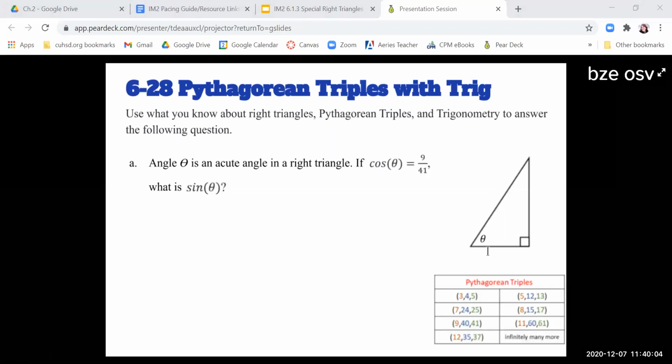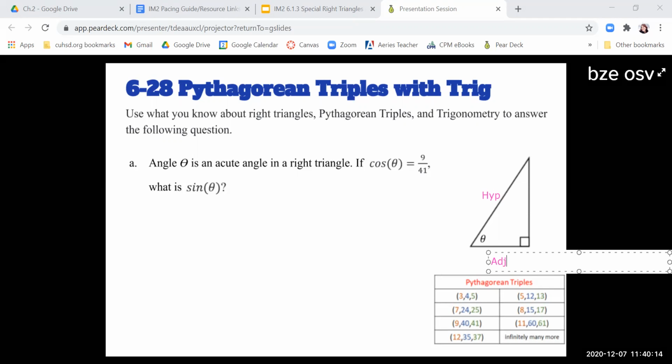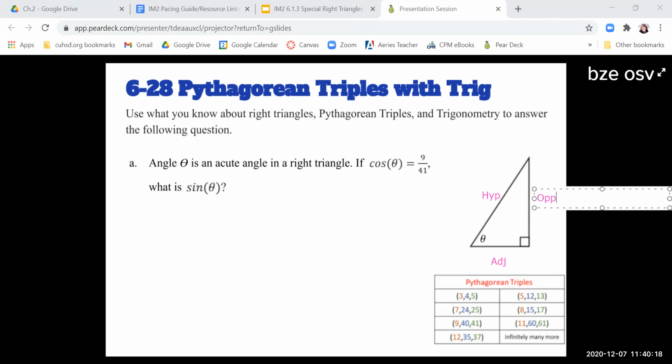First, we're going to label our triangle. Theta is right here. That makes this the hypotenuse. That makes this the adjacent. And then this is opposite. Now remember in SOHCAHTOA that the cosine is adjacent over hypotenuse.